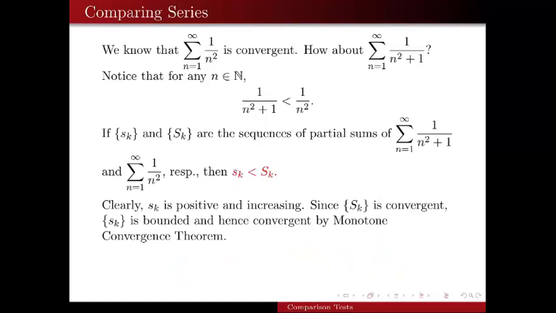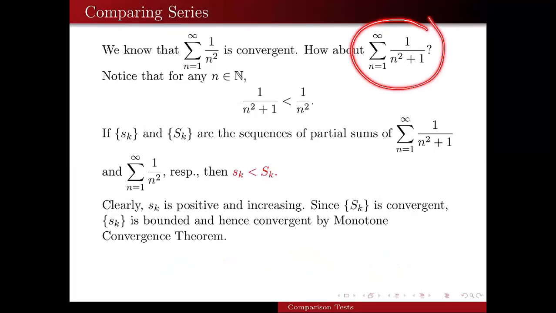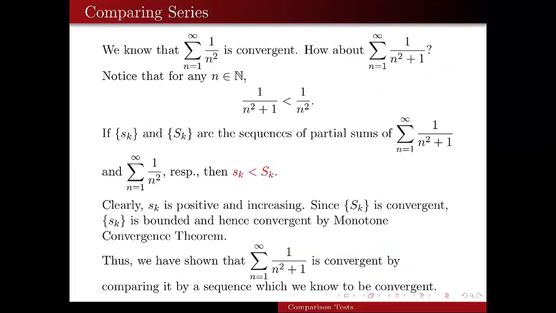So meaning, the limit of S sub k will converge to some number. And therefore, this series here will also be convergent. So what we actually did here was to show the convergence of this series by comparing it to a series that we know is convergent.